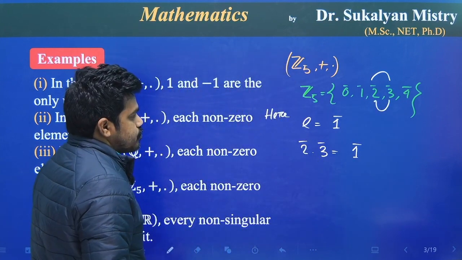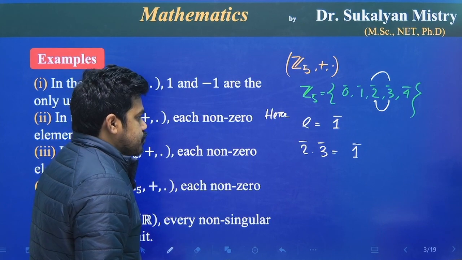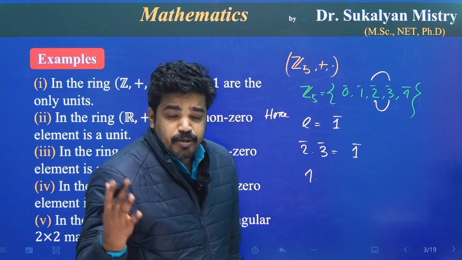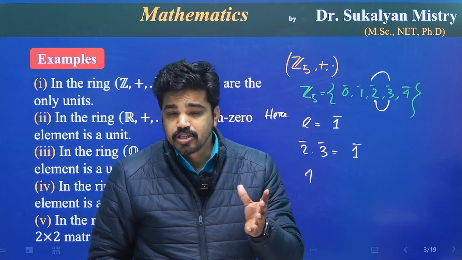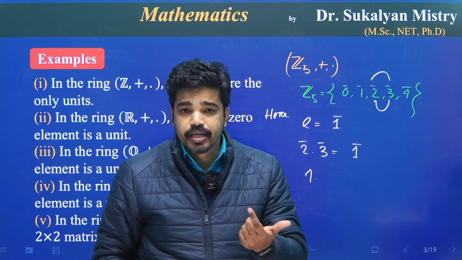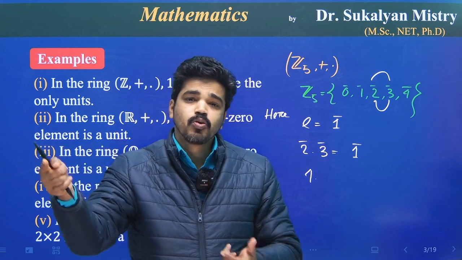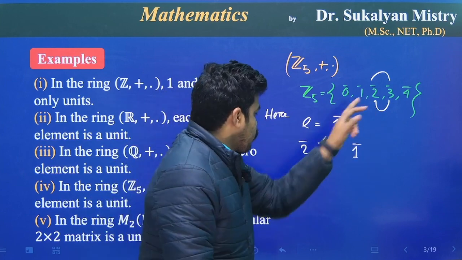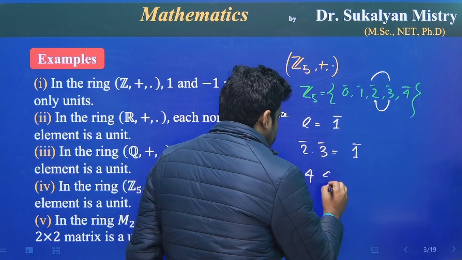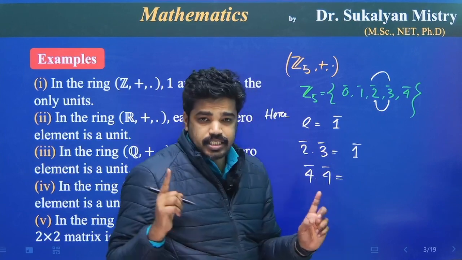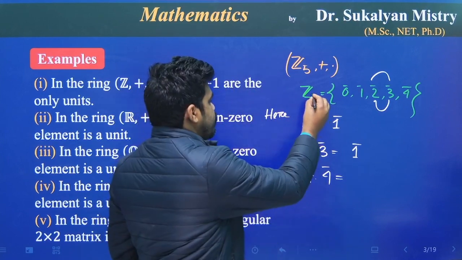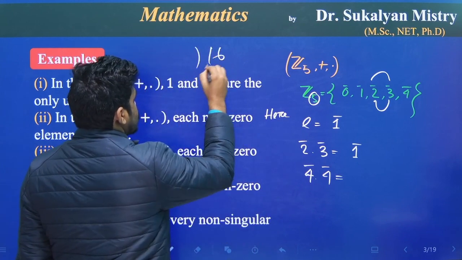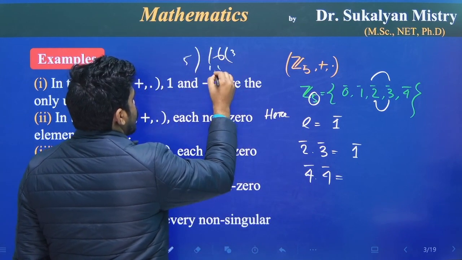Okay, clear? Now see, what will be the inverse of 4? A unit means an element with a multiplicative inverse, if the inverse of that element exists. That means if a dot b is equal to 1, then b is said to be the inverse of a. See, what is the inverse of 4? 4 into 4 is 16, divide 16 by 5, what is the remainder?